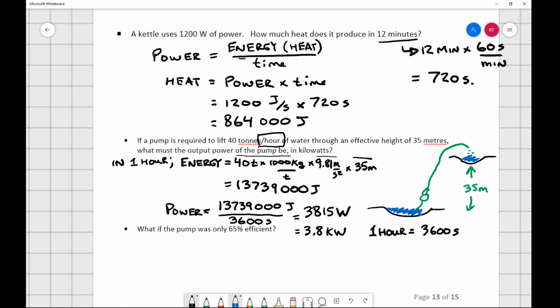So that's the pumping power that would be required to move the water from the lower reservoir to the upper reservoir over a span of an hour to move 40 tons.